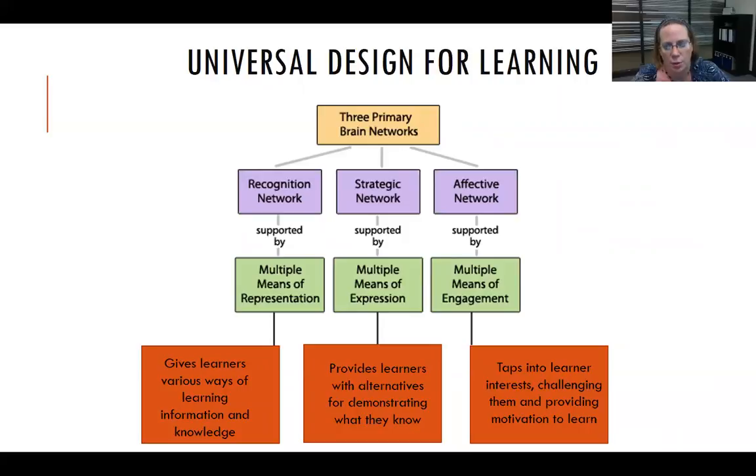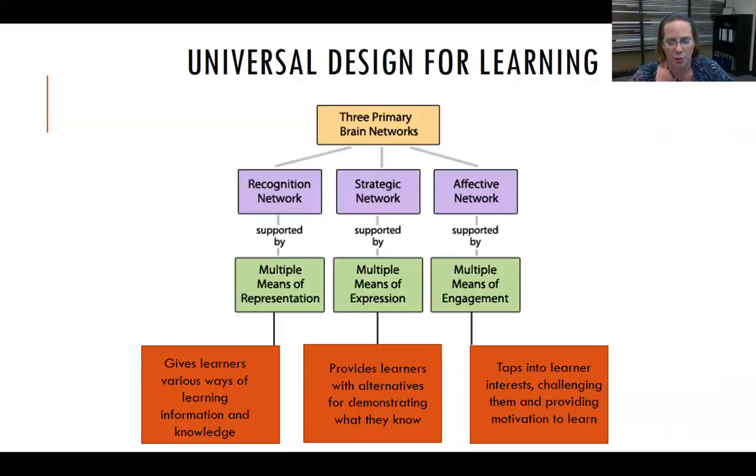This enables us to recognize voices, faces, letters, and words, as well as some more complex patterns such as an author's style and nuance and abstract concepts like justice. The strategic network allows us to plan, execute, and monitor mental and motor patterns, including such diverse actions and skills as sweeping the floor, deciding a chess move, or choosing a college.